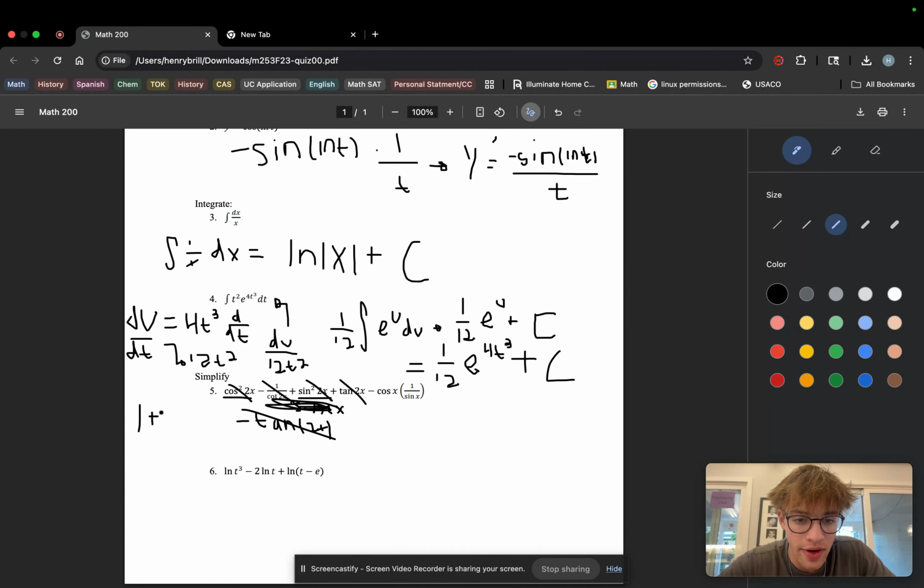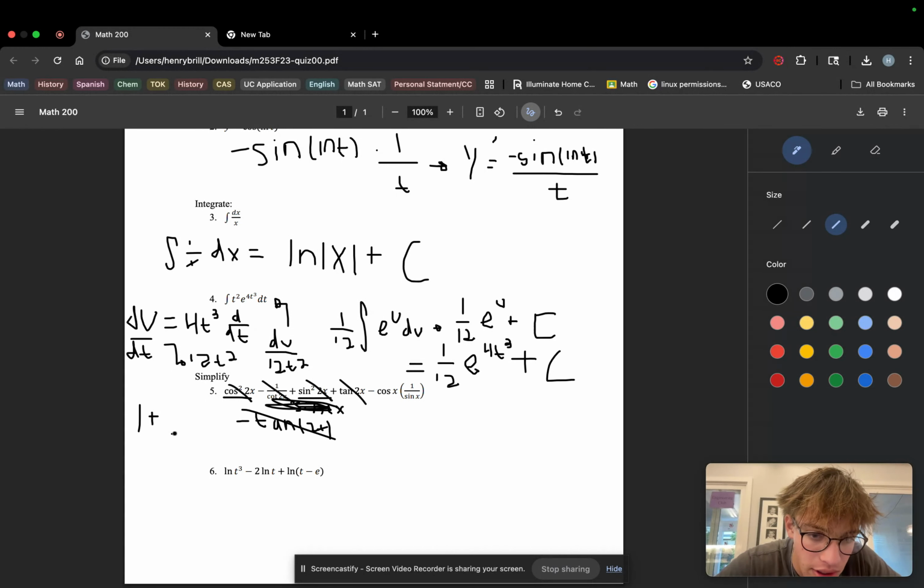So we have the 1 from over here, and we have the minus cosine x times 1 over sine x. Sorry, I'm just trying to draw this here.